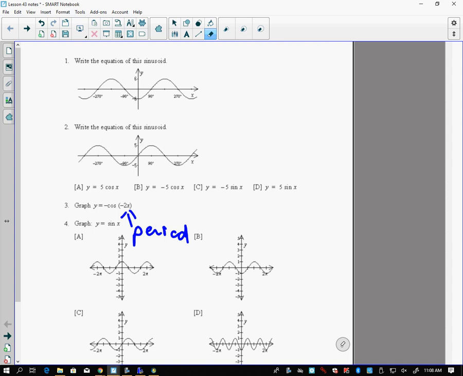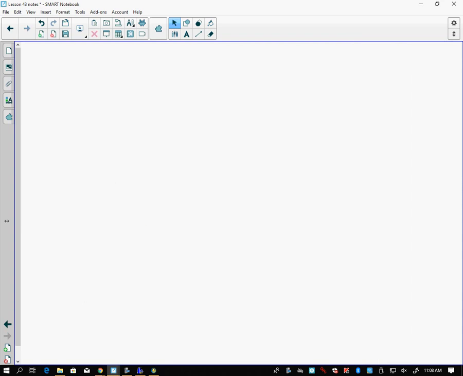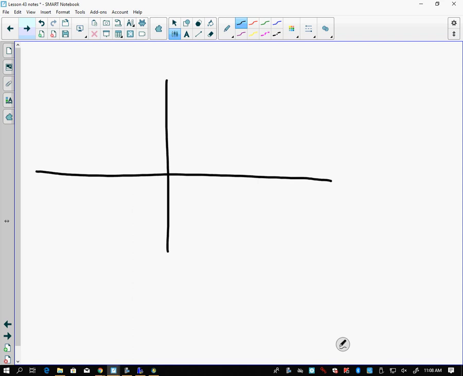All right, so let's go over now the negative 2 part of this. I don't know why they've got it there. It's not really necessary. Okay, but if we're going to draw this, notice that it said y equals negative cosine, right? Negative cosine. So where is it going to cross the y-axis?